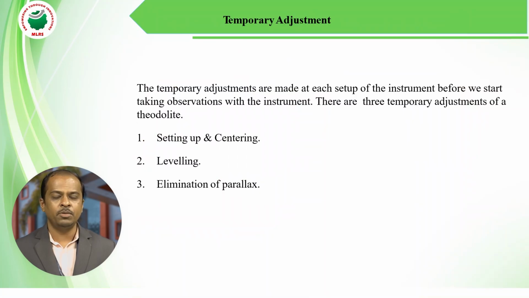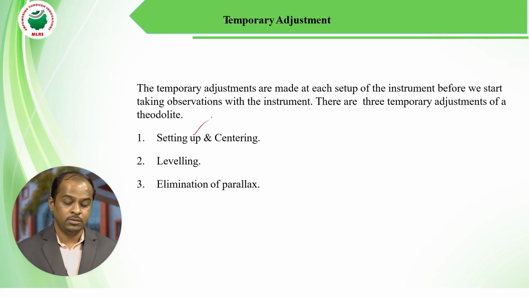Next one is temporary adjustments. As we know, at every setup of the instrument, we need to do some adjustments. That one we call temporary adjustments. The first one is setting up the instrument and centering over the station. First, we need to spread the legs of the tripod and place the instrument above the station with the help of a plumb bob.